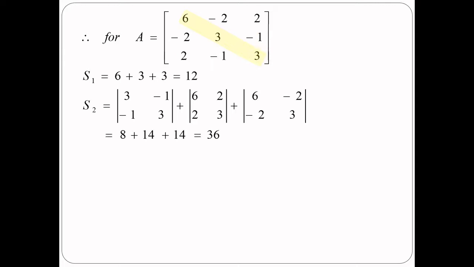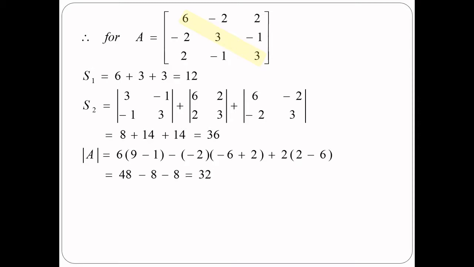The addition of these 3 minors will give you S2, and determinant of A is equal to 6 into 9 minus 1, minus of minus 2 in bracket minus 6 plus 2, plus 2 times 2 minus 6. This is the determinant of A. You can also find the determinant with the help of a calculator, and that is the easiest way.